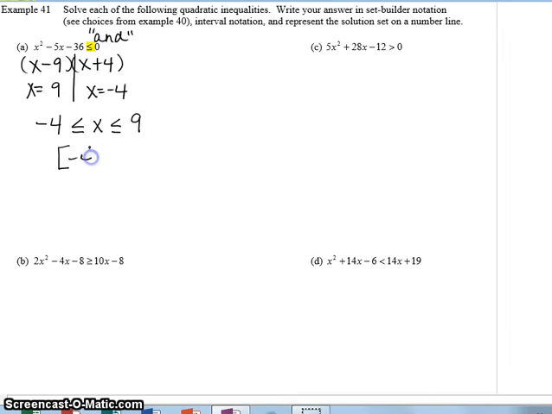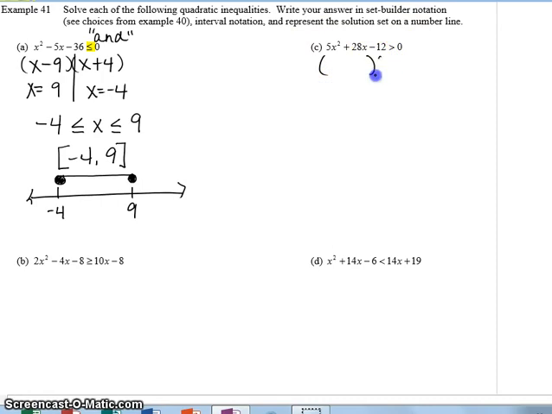Interval notation, I'm going from -4 to +9, both included because of the equal to. And then graphically, on a number line, here's my -4, here's my +9. They are connected because it's a conjunction, and they're filled in because it's equal to. They're included.